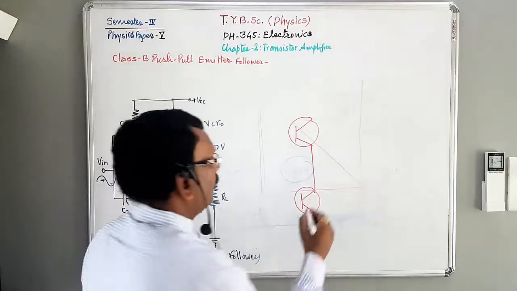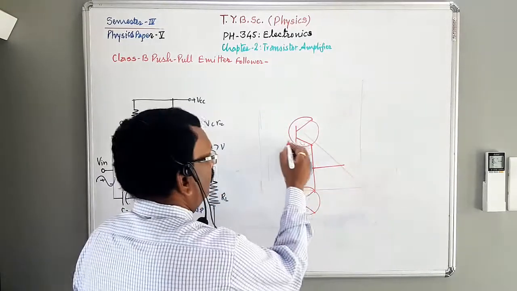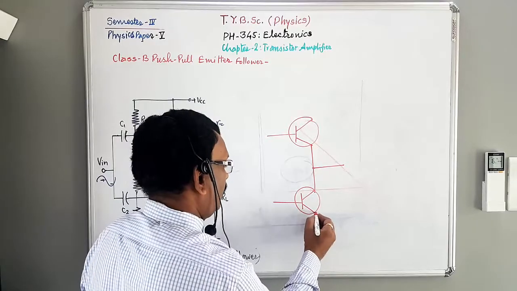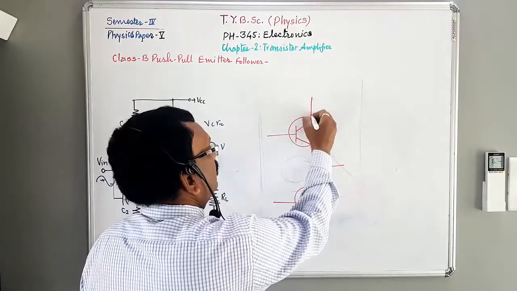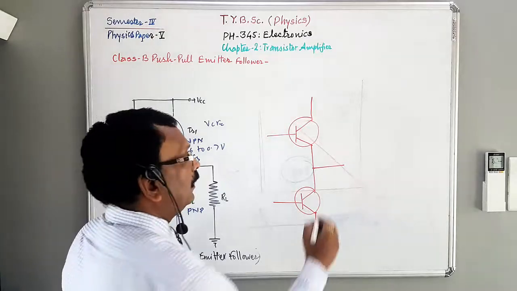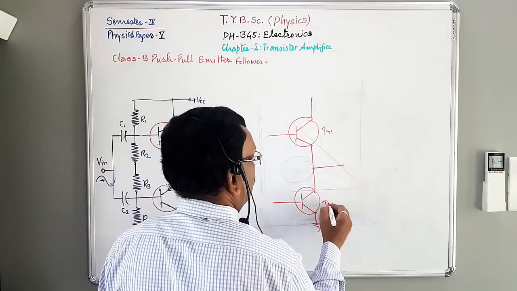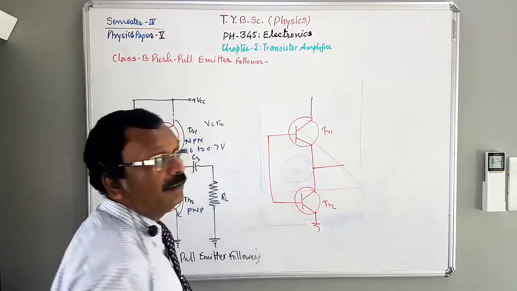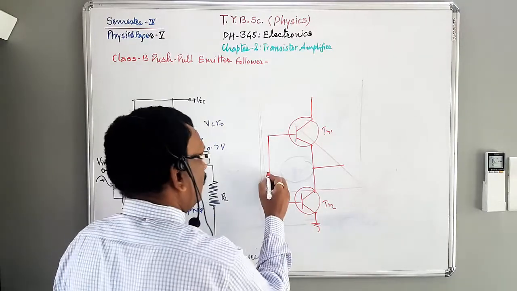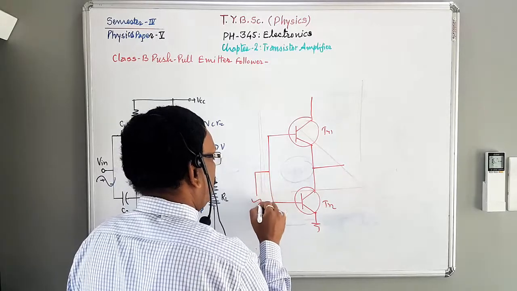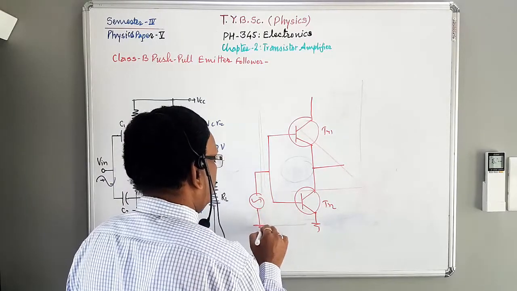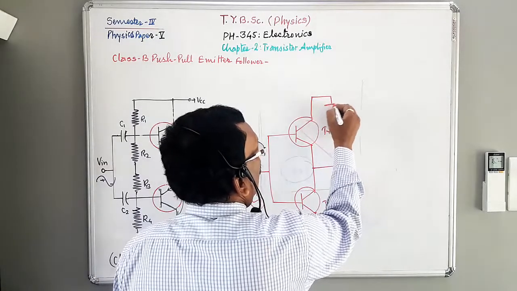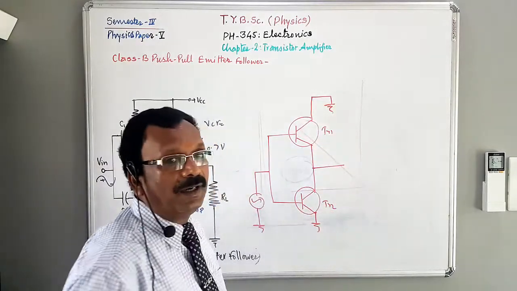This is the collector of the first transistor TR1, this is TR2, and here we connect the bases of the two transistors together and then provide the input signal like this. Both the collectors are grounded.